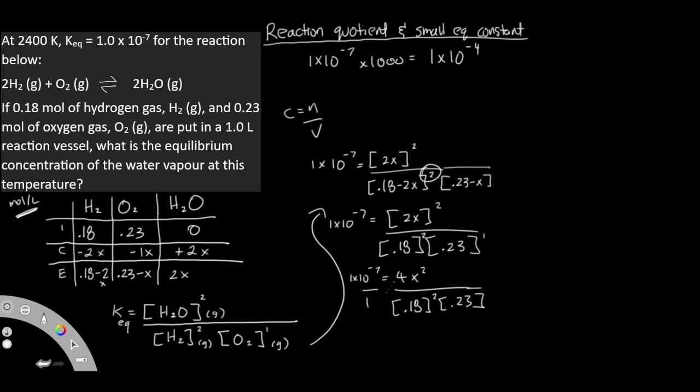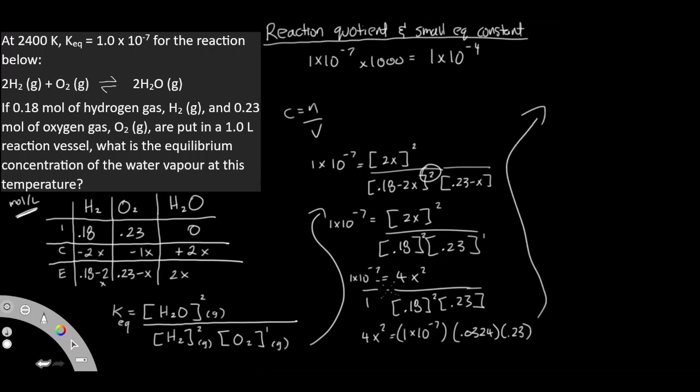Now with these fractions, we can cross multiply easily, so you just get 4x squared times 1 gives you 4x squared, and then you multiply this all, so you get 1 times 10 to the negative 7 times 0.18 squared, that gives you 0.0324, and multiplied by our 0.23.